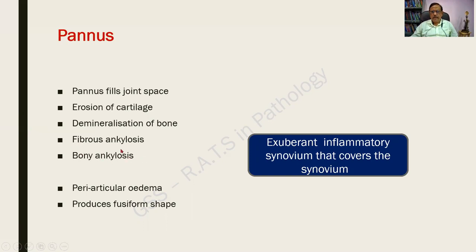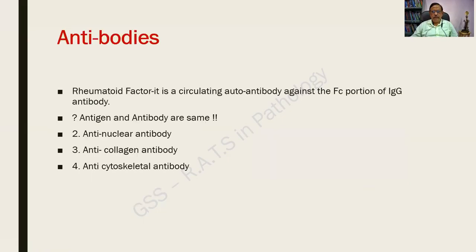A fibrous ankylosis and bony ankylosis. These lead to fusion of the bone. Edema will be spreading to the periarticular region also, and there will be a fusiform shape, which we have already seen. A lot of this inflammatory infiltrate will be covering the synovium. Pannus is a question for you people.